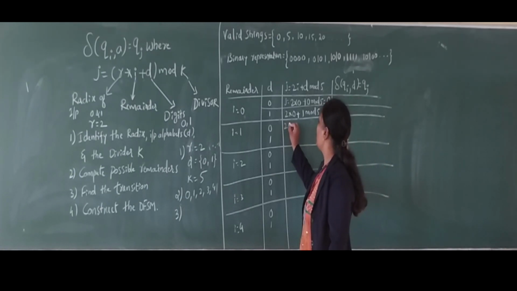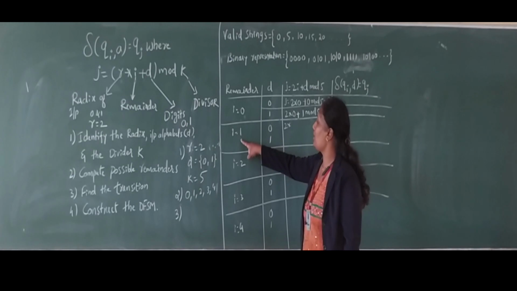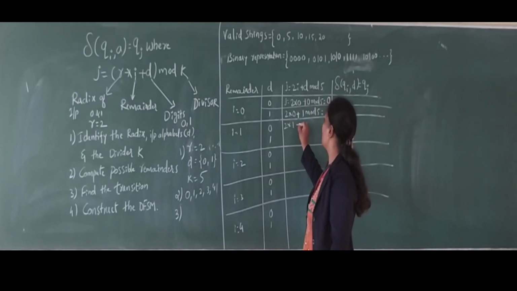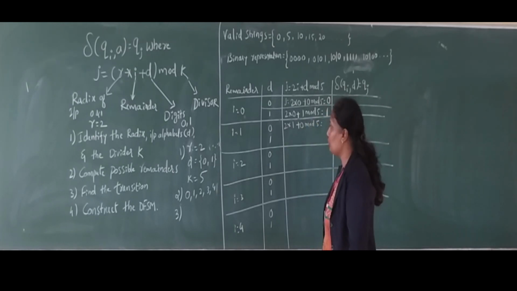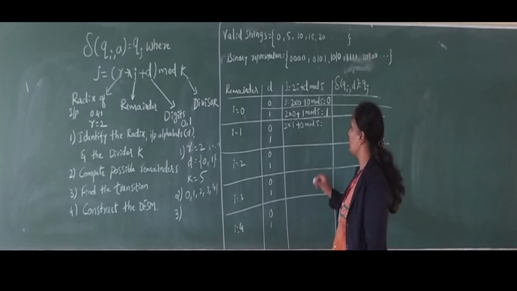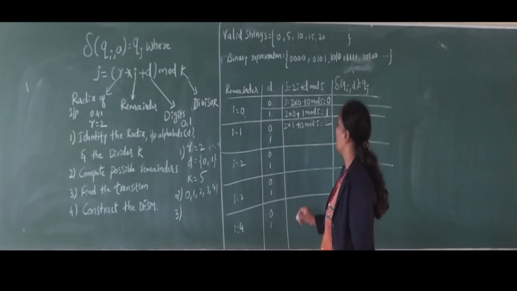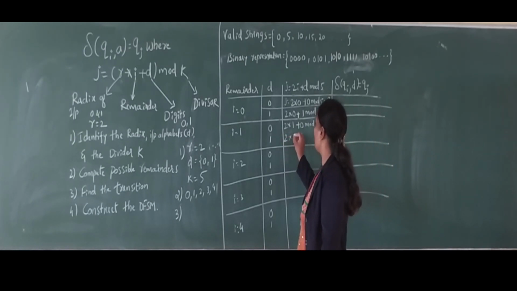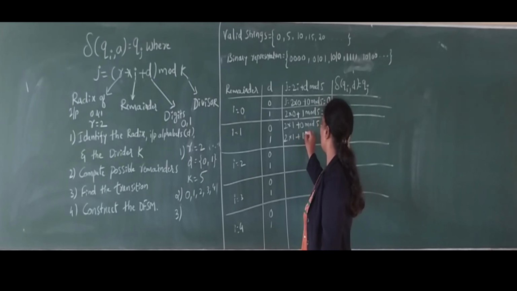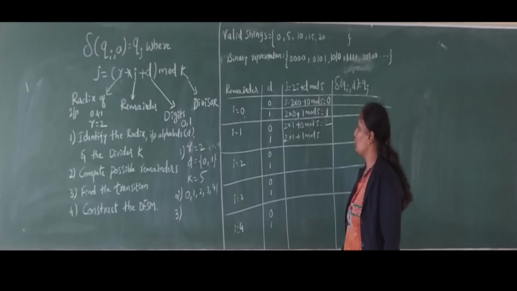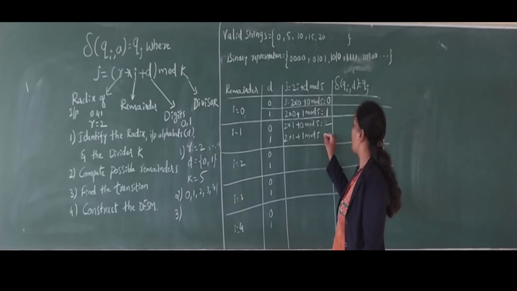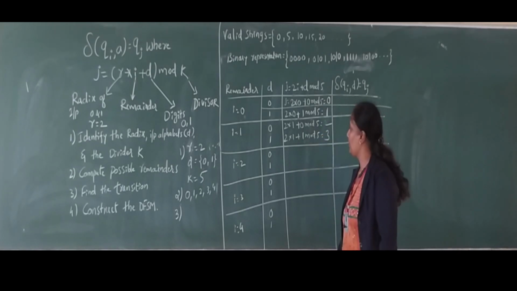Next, 2 into the I value, which is 1, plus digit value 0, mod 5. 2 into 1 is 2, 2 mod 5, the remainder is 2. Next, 2 into 1 plus 1 mod 5. 2 into 1 is 2, 2 plus 1 is 3, 3 mod 5 equal to 3.